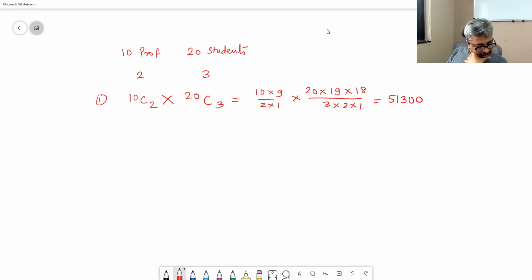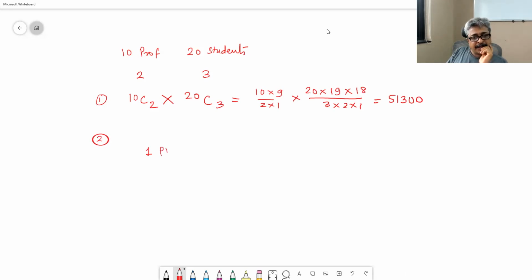The second condition is: in how many of these committees is a particular professor included? So case 2 says you have to take one professor. That professor is always there, so we have to select one more professor.